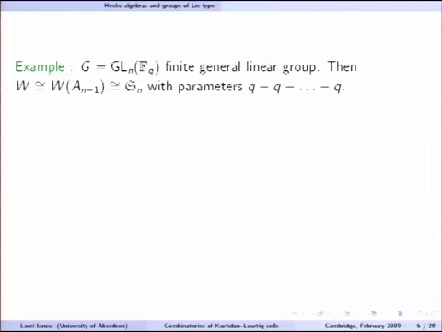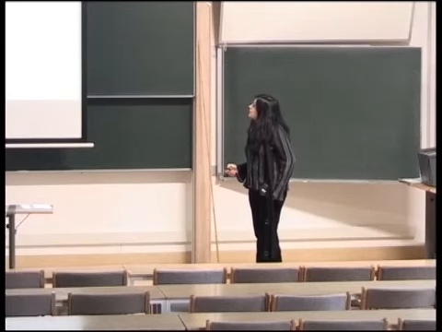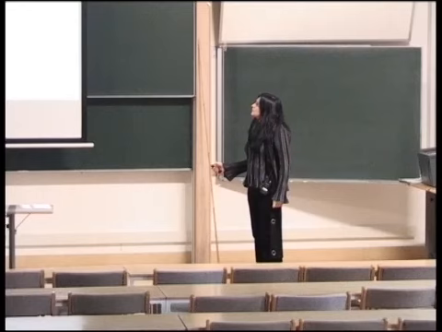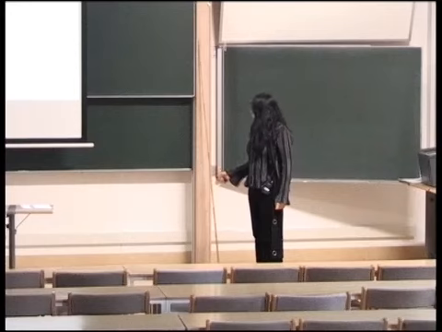So, for example, if we think simply of GL_n, then its Weyl group is of type A, so parameters are all equal. Phi of S is the same for each generator there. So in our specialization, it will be simply q to the power 1. So the c_s there will be simply 1 here.